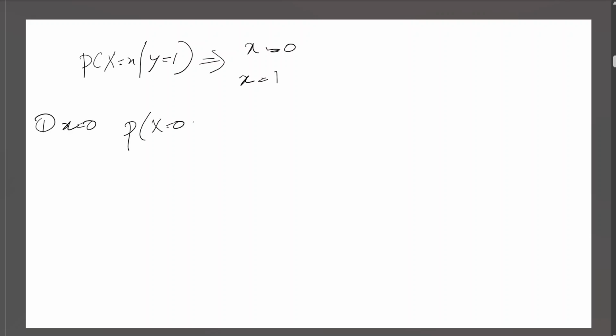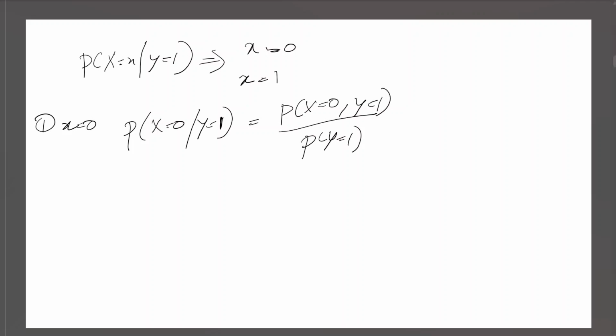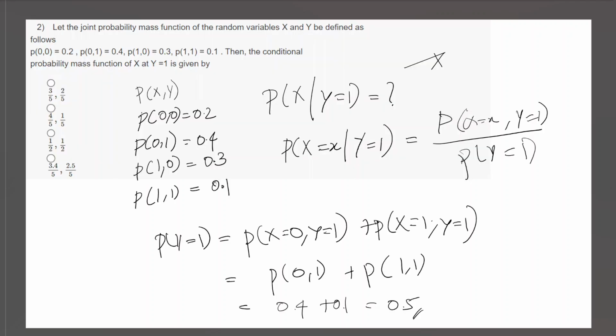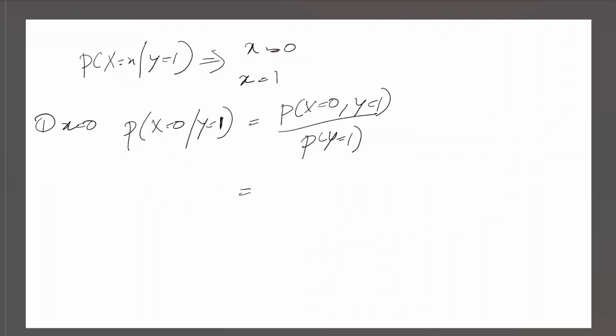Probability of x equal to 0 given y equal to 1 is the probability of 0 comma 1, which is 0.4, divided by the probability of y equal to 1, which is 0.5, equal to 0.8.